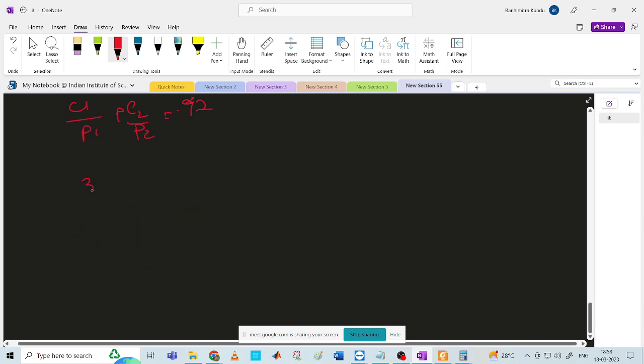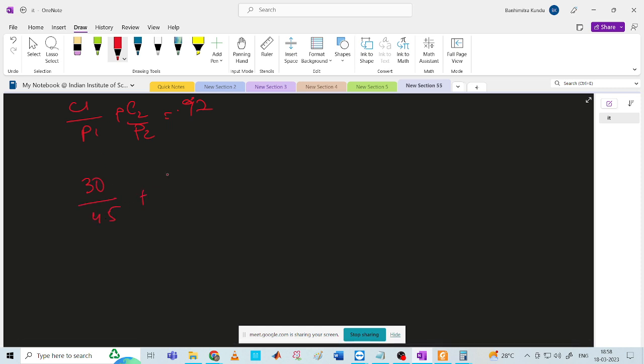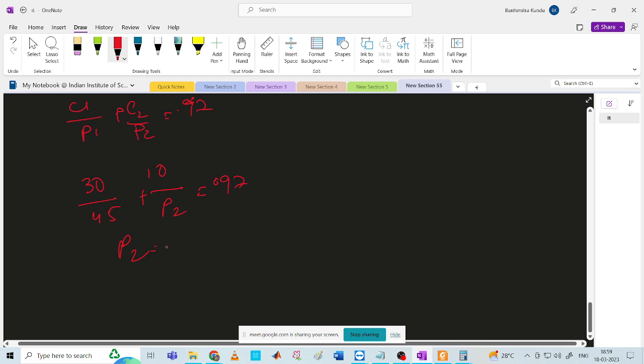C1 is given as 30, P1 is given as 45. C2 is given as one third of C1, so it is 10, and P2 is something we have to find out. If you solve for P2, it will come to 32.967. So from the options, it is 32.97.